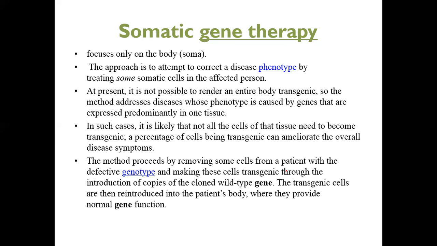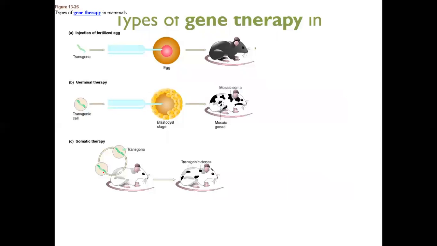Explaining. In this method, we remove some cells from the patient which have the defective genotype. Then we make these cells transgenic. Here you can see we remove the cells from this organism and make them transgenic.